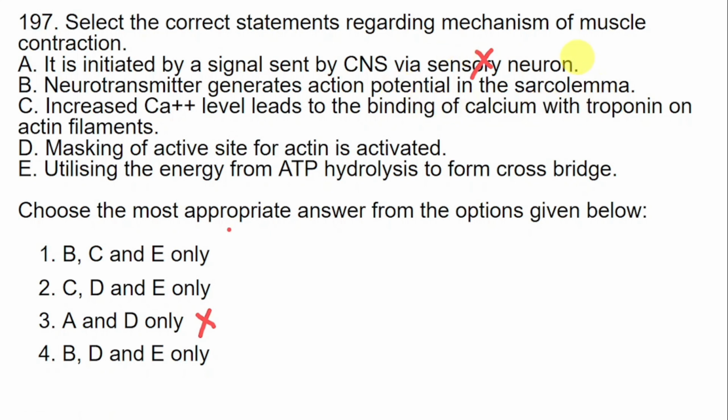B is correct. So B is here and here. Now we will have to rule out between C and D. Increased calcium levels lead to binding of calcium with troponin on actin filament. C is correct, yes. So we have the answer. 197 is 1.